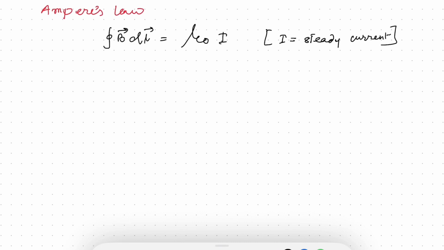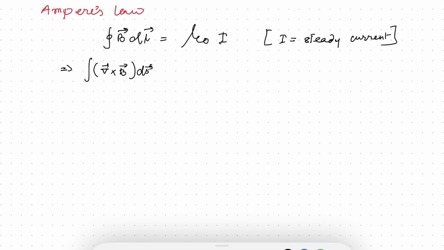Now you see, if you apply Stokes theorem that you have in vectors, if you have studied vectors, this line integral can be converted into the surface integral using curl, right?